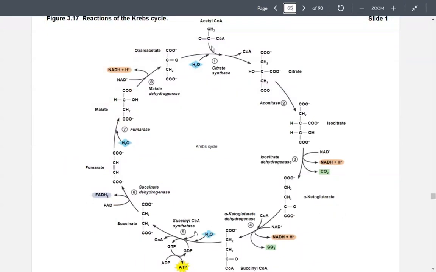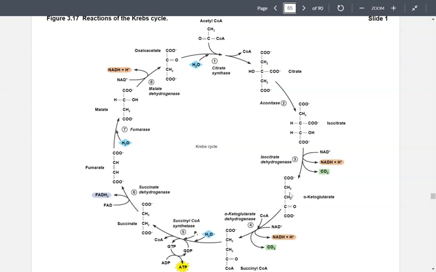Here we have our acetyl-CoA. We also insert a water right here, combine it with citrate synthase. Coenzyme A is given off. We get citrate. We then use aconitase, which is going to convert it into isocitrate. Then we use isocitrate dehydrogenase, and that is going to give us an NADH plus hydrogen plus CO2.